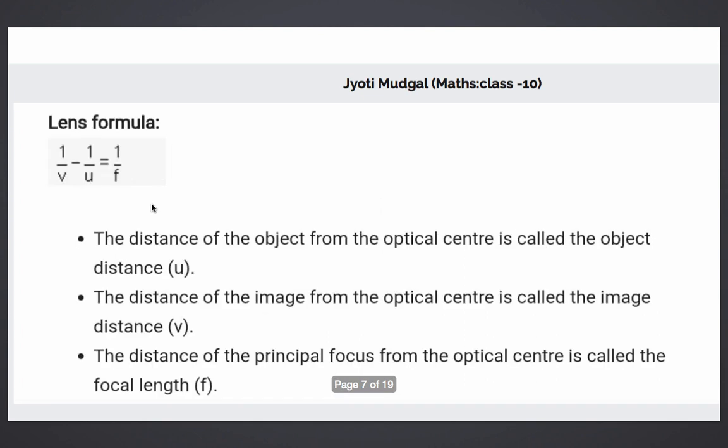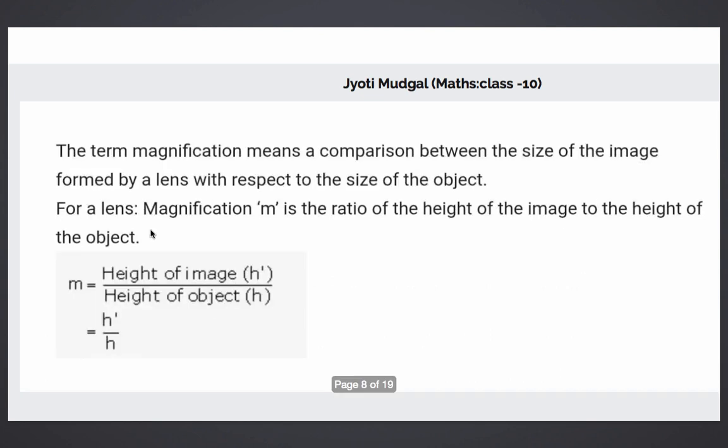Earlier, we were talking about the distance of the object. Now we are talking about the size of the image formed by a lens with respect to the size of the object. This comparison of any two quantities is a ratio, so whenever I take this ratio, what I get is the term magnification.